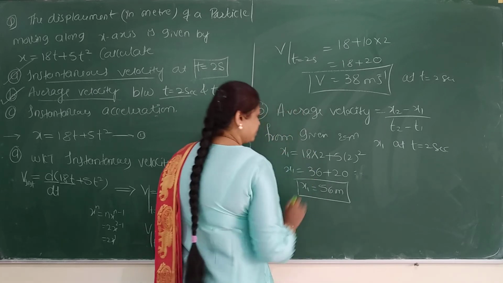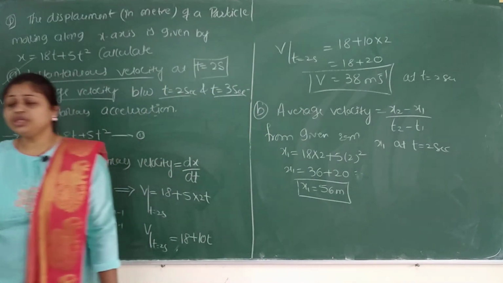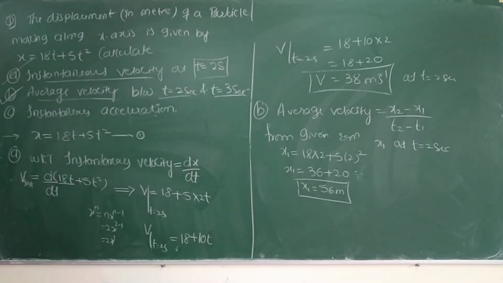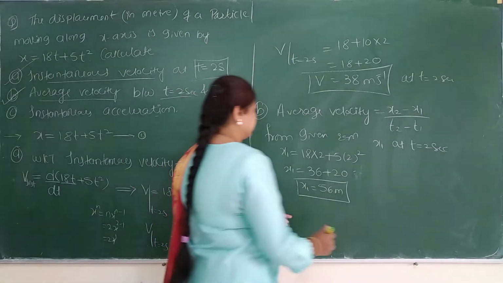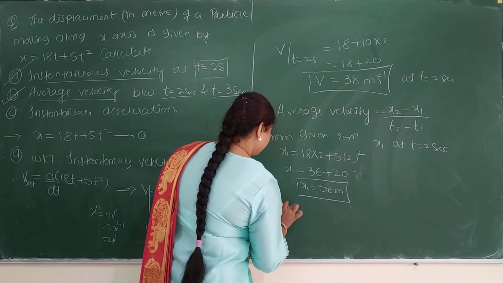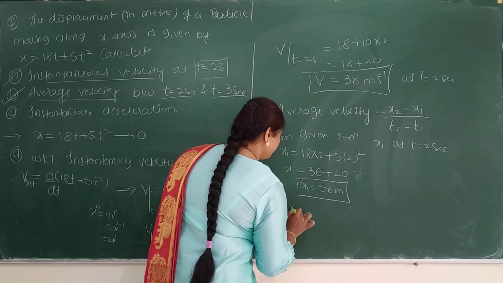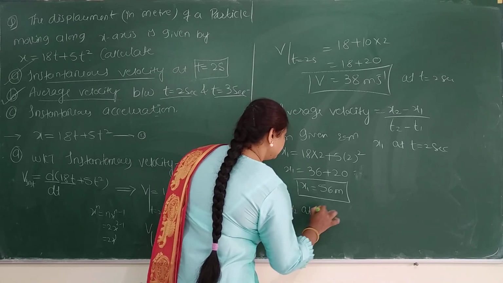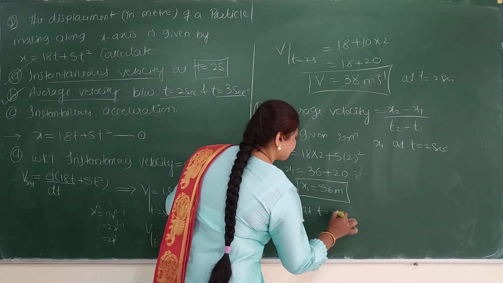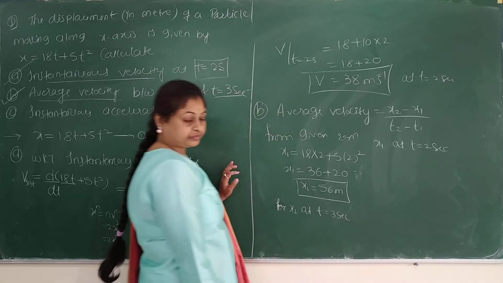This is x1. Similarly, x2 you have to calculate. How to calculate x2? Same, you have to replace t value 3 second. Just write here for x2 at t equals 3 second.